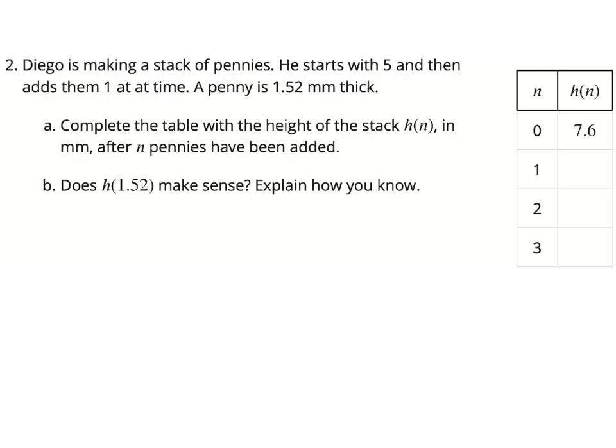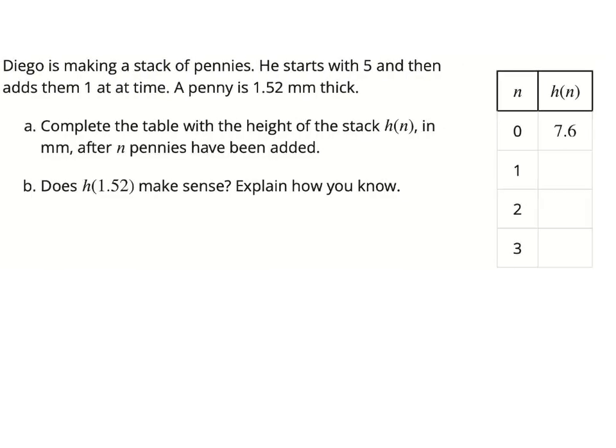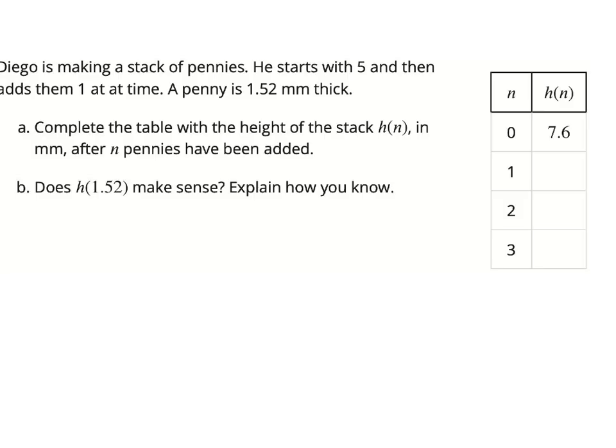Complete the table. So let me move this over a little bit so I can complete the table. Okay, so adding 1.52 gets me to 9.12, gets me to 10.64, and gets me to 12.16.